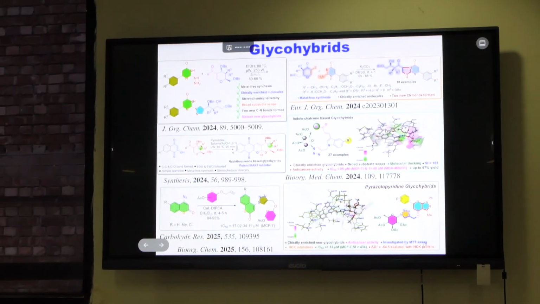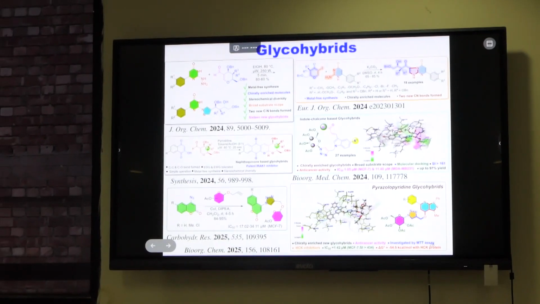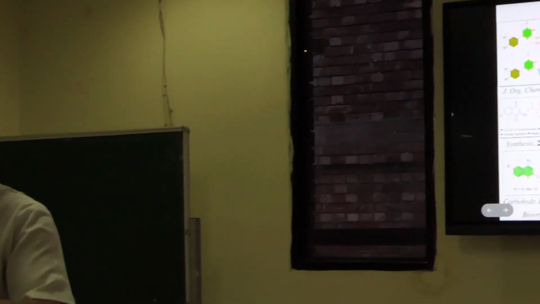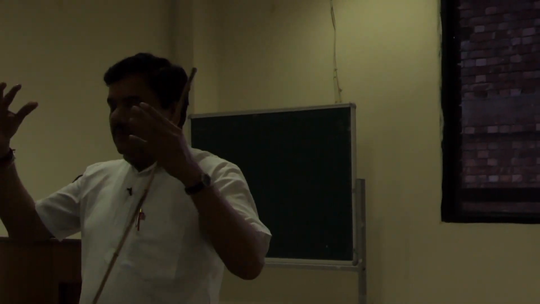Then only you can do lead modification. आपने ऐसा molecule बना दिया जो उसमें कोई आगे chemical reaction possible ही नहीं है, तो आप lead optimization कहाँ करेंगे? Just like you have made a house and you haven't left any space, you want to extend your house, but you haven't left any space. Can you extend it? No.